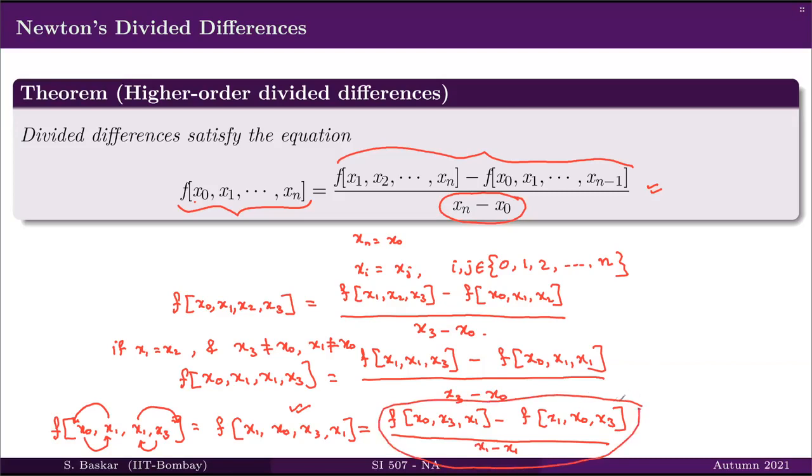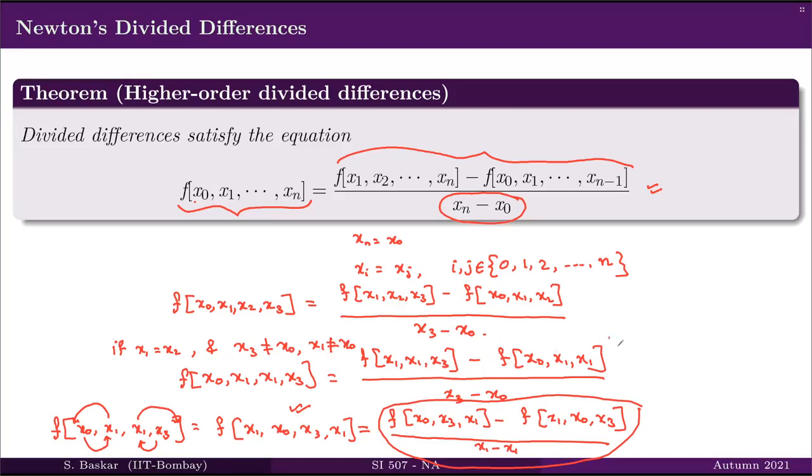This can also be viewed from the divided difference table. Any higher order divided difference is going to depend on the lower order divided differences in a very strong way. If any one of the lower order divided differences is not well defined, that will eventually affect the higher order divided differences also, right? So that is what is happening here.